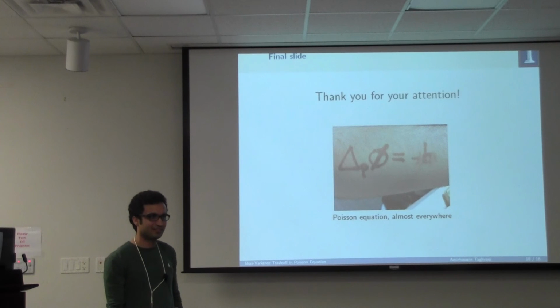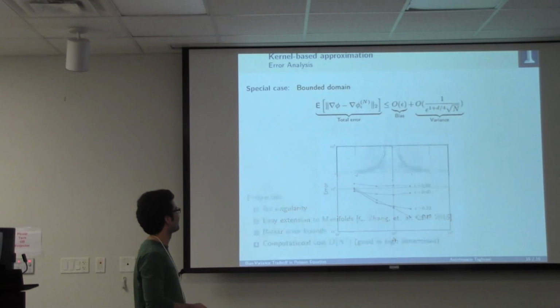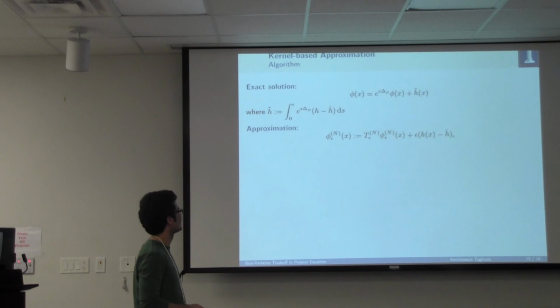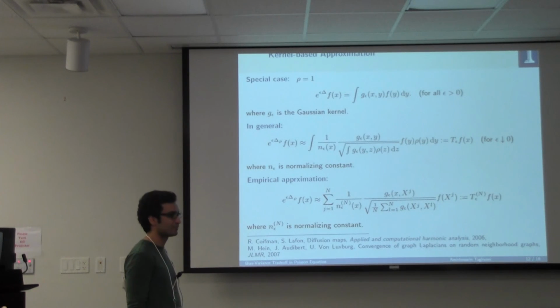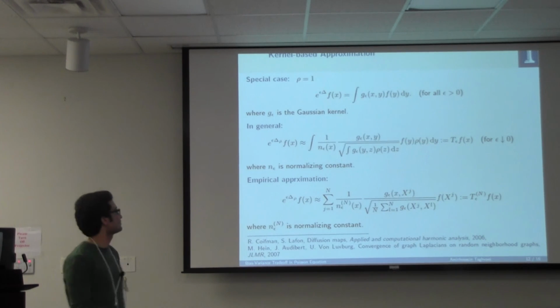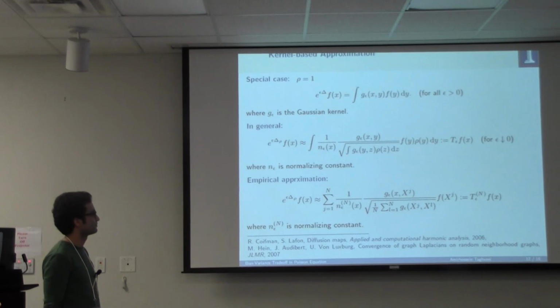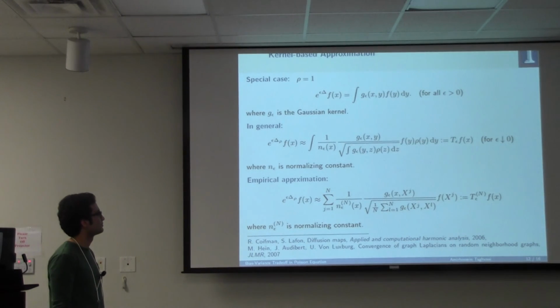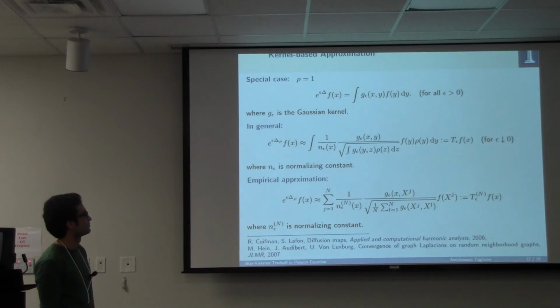It's twisted by the square root of rho, and only works for one diffusion. Are you asking for small epsilon? It was hard to pick up in real time why this approximation works. Take the heat kernel, and you twist on the right by the density and on the left by the square root of the density.